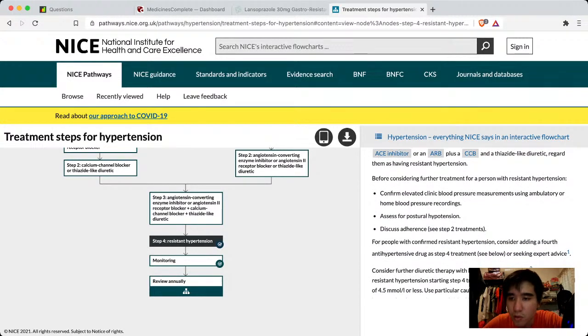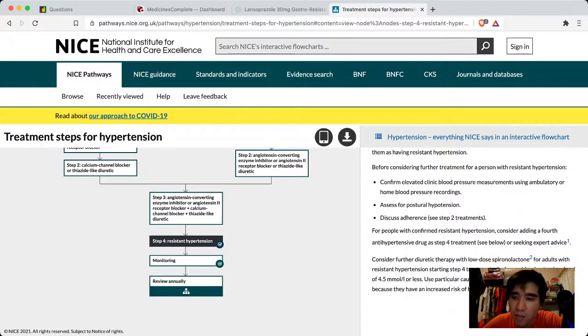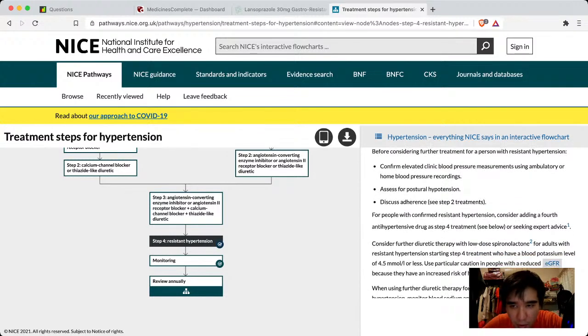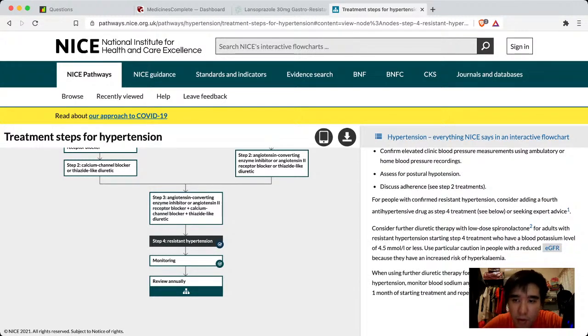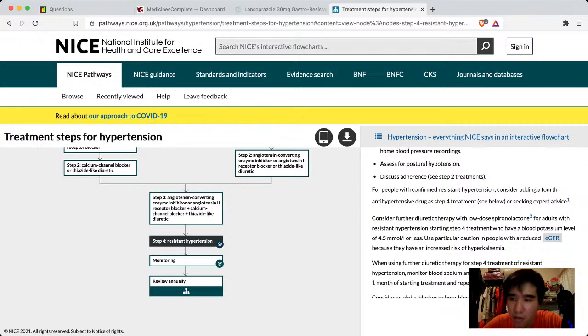Before considering further treatment for a person with resistant hypertension, confirm elevated clinic blood pressure measurements using ABPM, assess for postural hypotension, and discuss adherence. For people with confirmed resistant hypertension, consider adding a 4th antihypertensive drug as step 4 treatment or seeking expert advice.